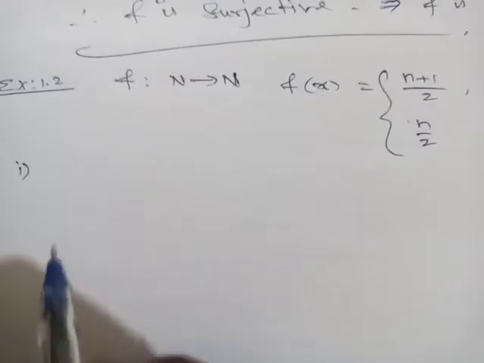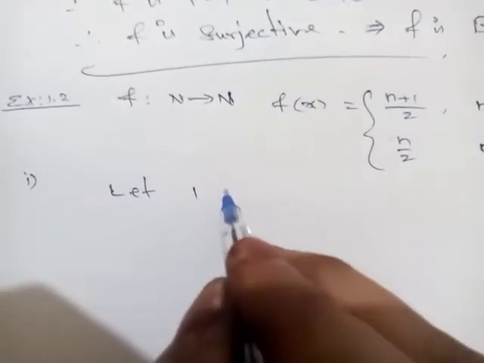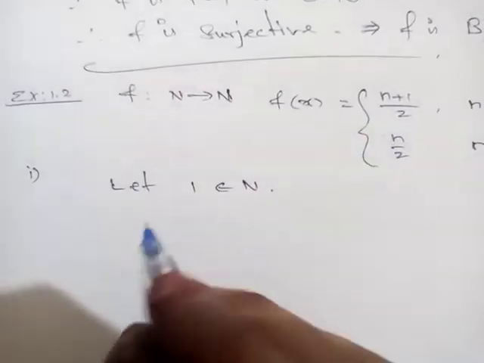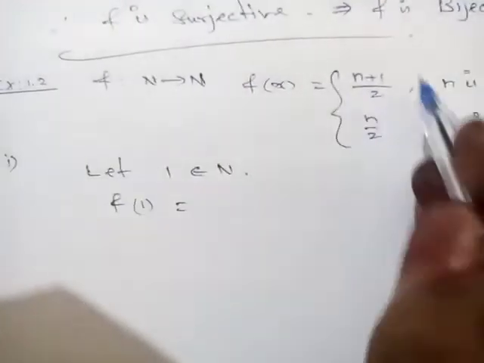So first, I am taking one element from this domain. Let 1 belong to N. So what we will get? f of 1, odd number. Odd number means we have to choose this function.